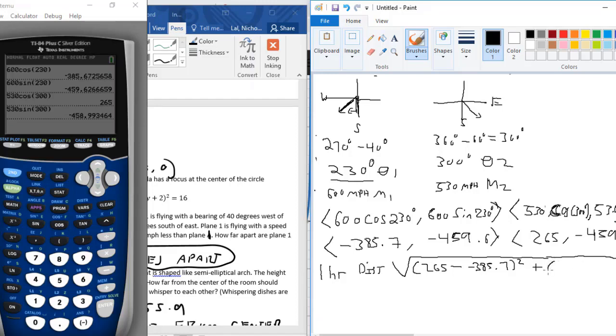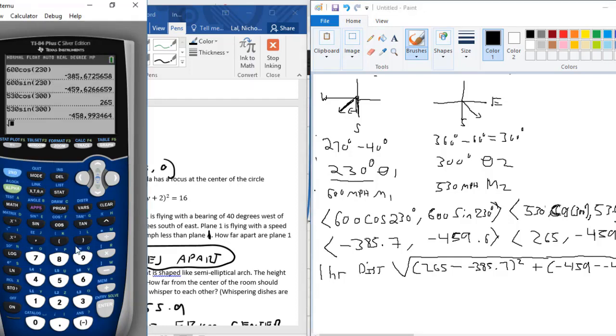So that'd be plus negative 459, minus negative 459.6, parentheses squared. And so that's a big equation, but I can plug it into my calculator.